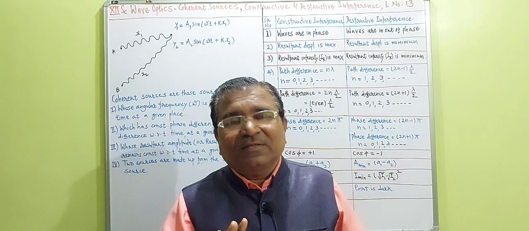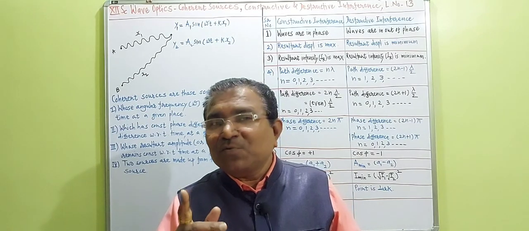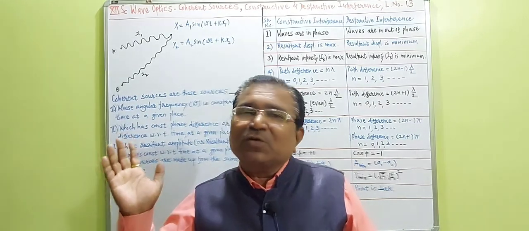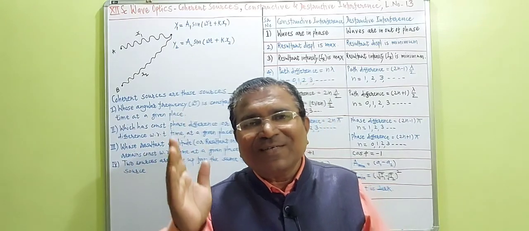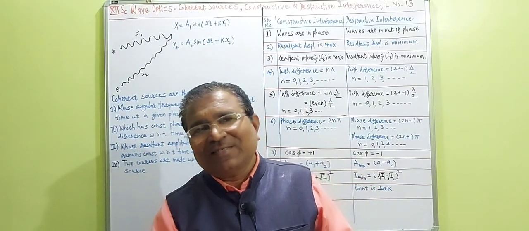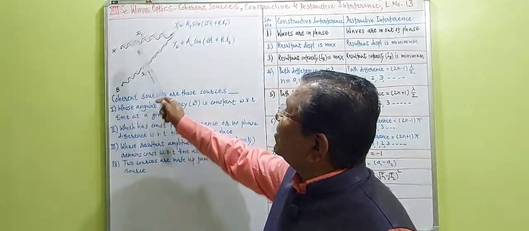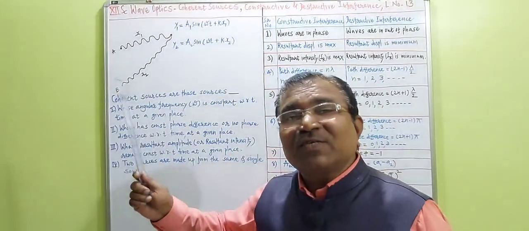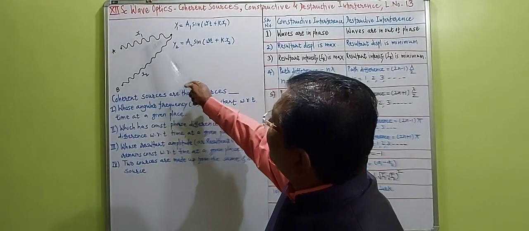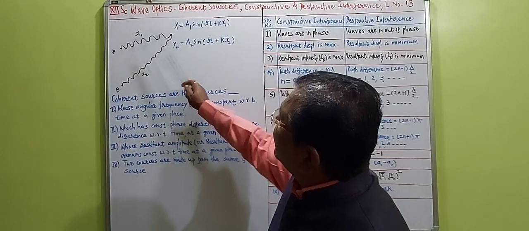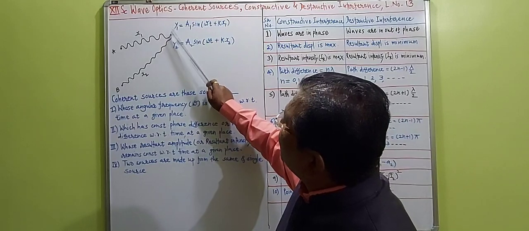Instead of chit-chatting more, we will come to our original point. What are coherent sources? Observe these two waves that I have already drawn in the last lecture. This is a wave covering a distance x1, coming up to this point.